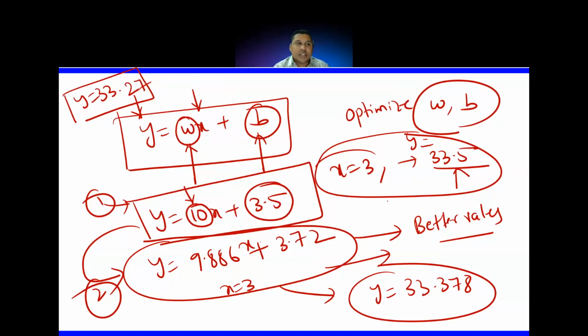So the actual value is 33.27, but the standard one which we found using the regression technique gave 33.5. Here it is a little closer. So the target is to reduce this error value between the actual and predicted.